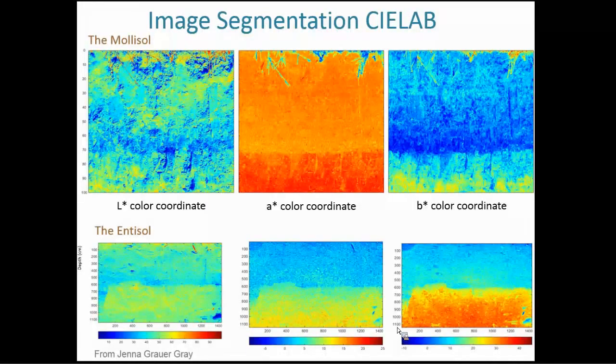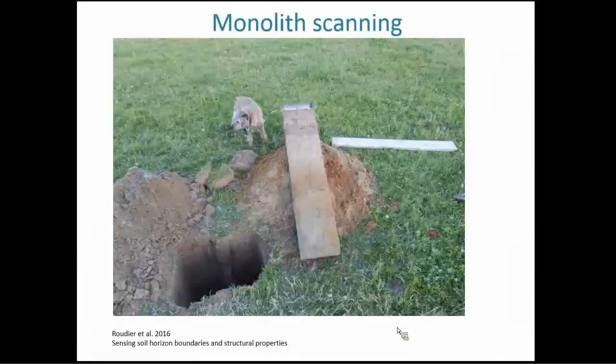But then we used another color space called CIELAB, where you have 3 coordinates, color always has 3 coordinates. You use the L, the A, and the B, and then you can separate them out, and you get quite good maps that you can then use for segmentation and cluster them, and then perhaps obtain the horizons that way. And we did the same for the alfisol, and we still work on it to ask, how do we go from this to some sort of automated horizon recognition and boundaries? So that's the other step.